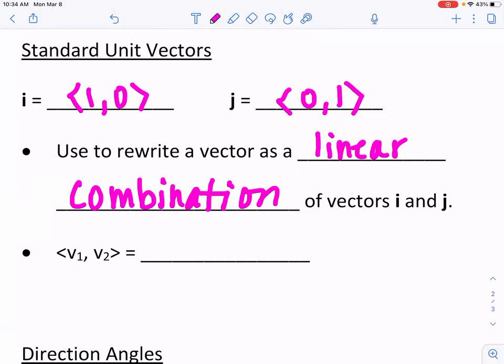We would write the vector as your horizontal component times vector i plus your vertical component times vector j.